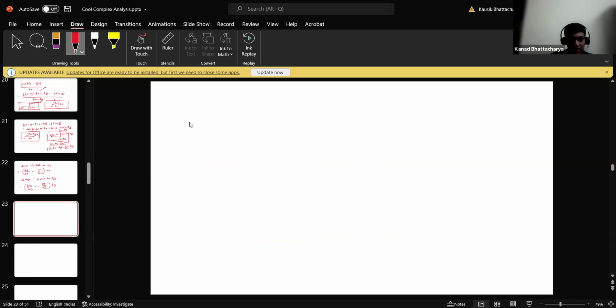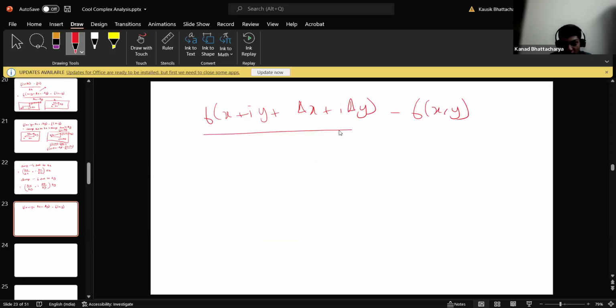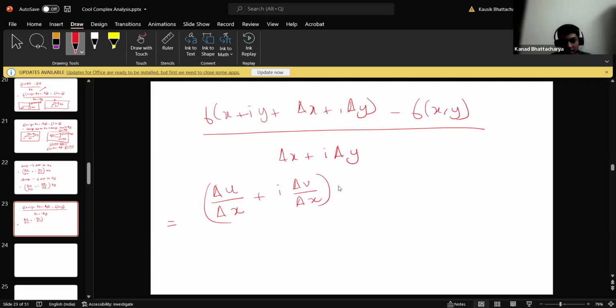So what does that mean? f of x plus delta x plus i delta y, minus f of x comma y. And now when we are looking at the limit, we can write it out explicitly as delta u by delta x plus i delta v by delta x, times delta x.